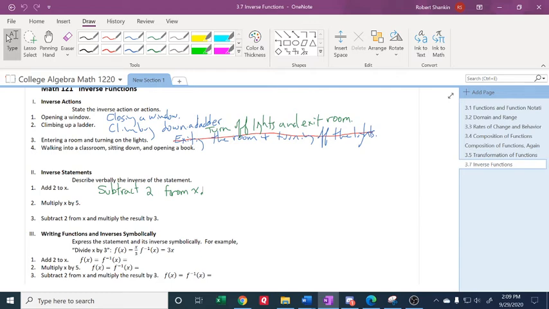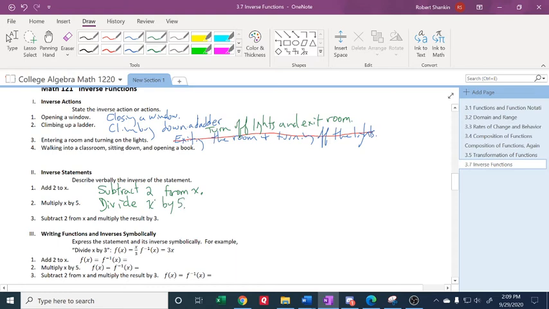Okay, group 1. What do you have for number 2? This is Brianna. Would you divide x by 5? Divide x by 5.